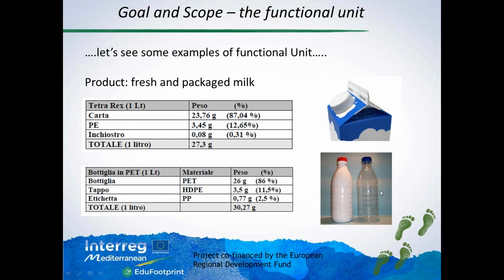And then there is this plastic packaging, and there is a bottle which is in PET. Then there are caps which are in HDPE, and then there are labels which are in PP, this kind of plastic. In 1 liter packaging there is 30 and 27 grams of materials.